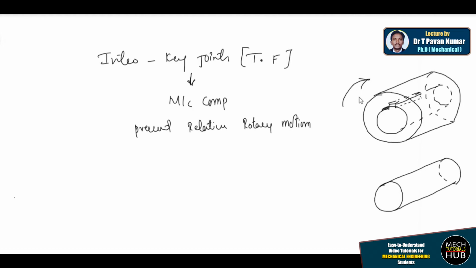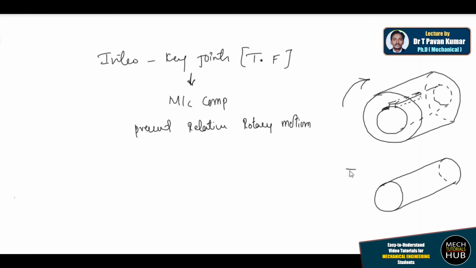For example, if the hub is running at 2000 rpm, then the shaft should also run at the same speed. If the shaft is running at some speed, the hub should also run at the same speed. That is the main idea. So after inserting the shaft inside the hub, I would like to lock these two.